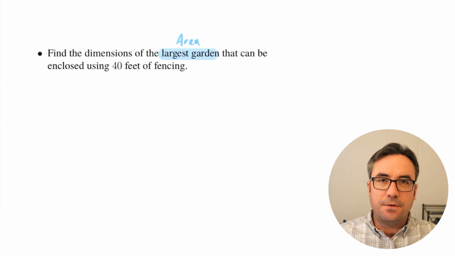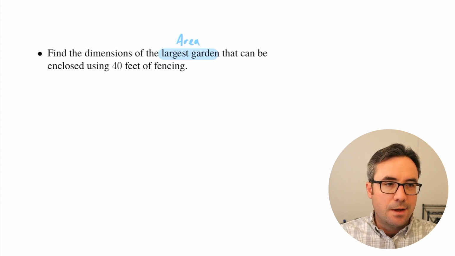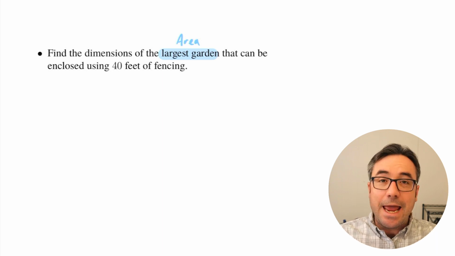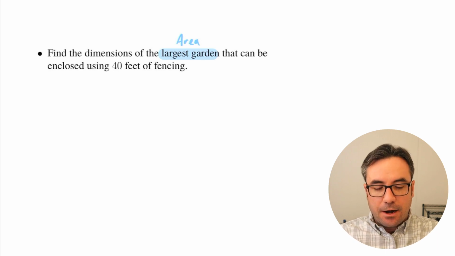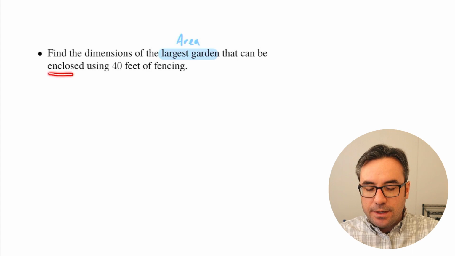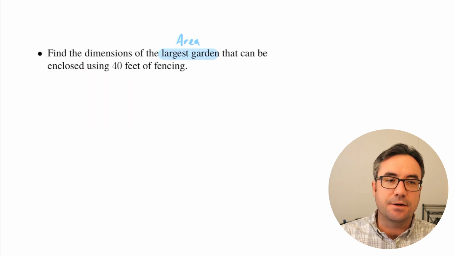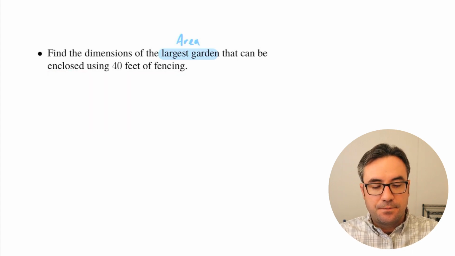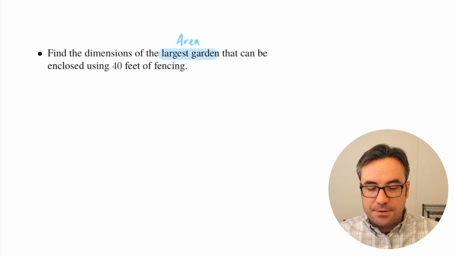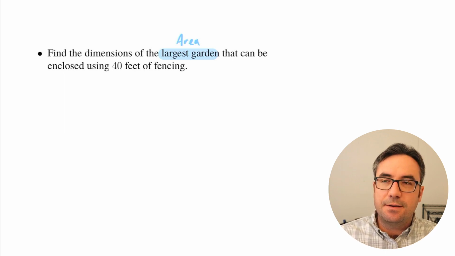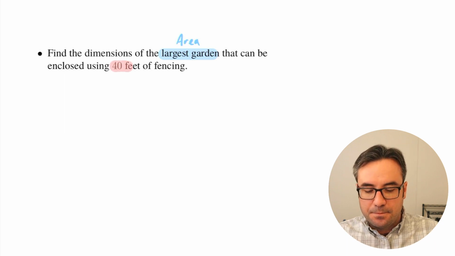Now, if we didn't have any additional information, which we're going to get to, then we could just make the garden as big as we want. But it turns out we can't. So there's a bit of a restriction here. And our restriction is that we only have 40 feet of fencing. So we're limited. This provides us with a limit to what our dimensions can be.